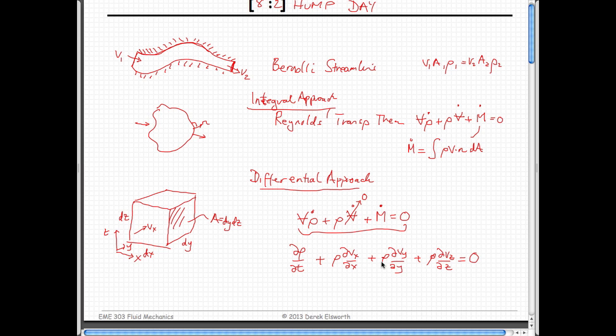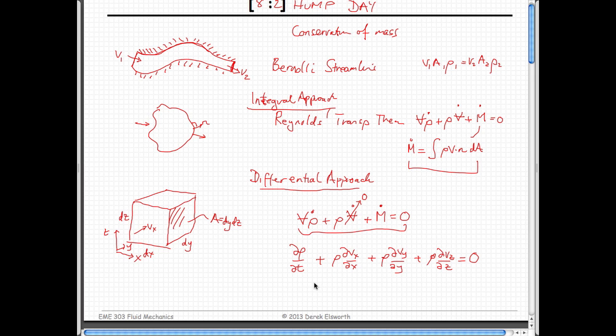So this is an expression that is conservation. So we're only talking about conservation of mass. And this is the statement of conservation of mass in a differential form. So in other words, instead of this being kind of an integral component, we've written it as a differential component.